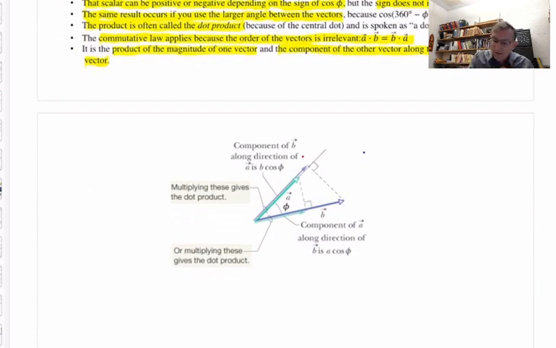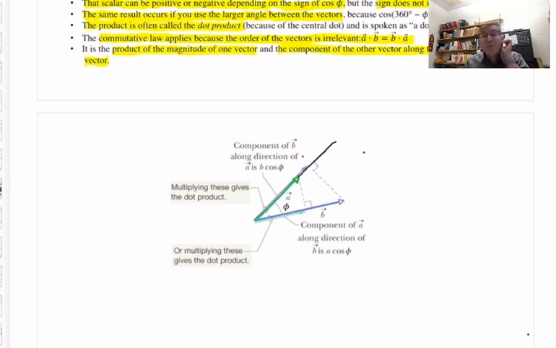Okay, let me help you understand the picture. It's the same A and B that I showed you in the previous slide with a little more stuff added. Here's the vector A, just like we drew before, and then there's the vector B. But now we're going to take the component of B along the direction of A. So we've got this black line along the direction of A, just extending it.